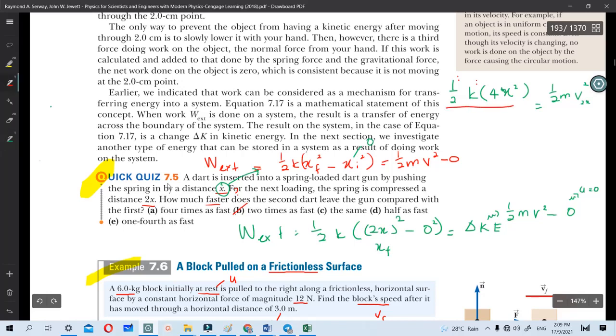Then let's divide with the red one, the original situation, k x squared, and divide equation with equation, meaning that left and right are divided by the same thing.